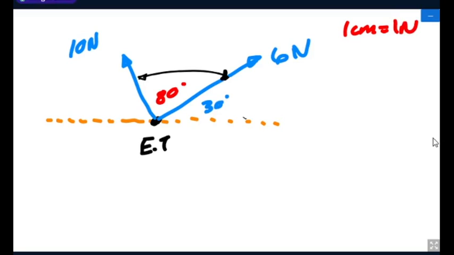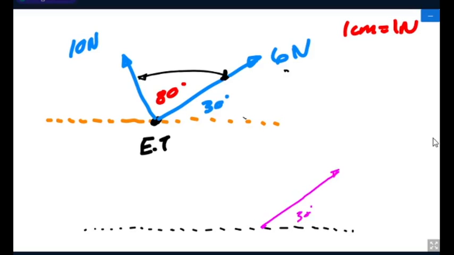And then you'd start off, straight line, draw the 6. So you'd have to measure 30. Right? So you would measure 30 in there, draw 6 centimeters, right?